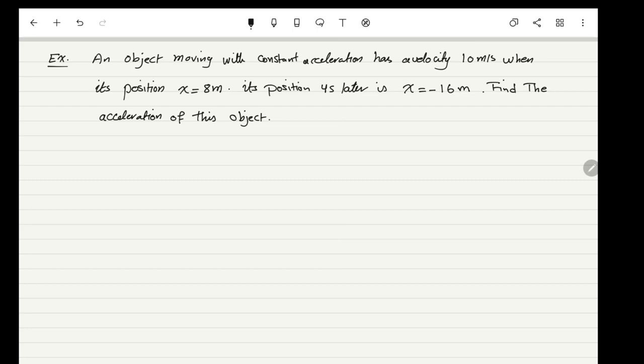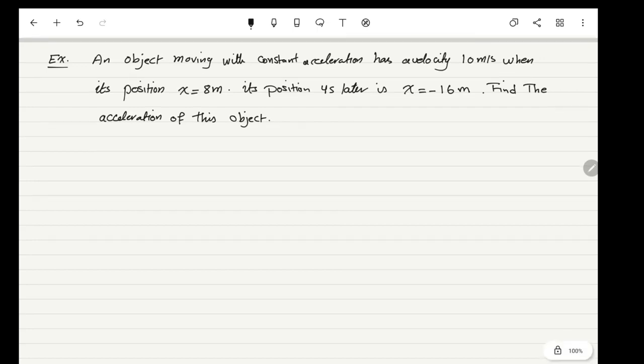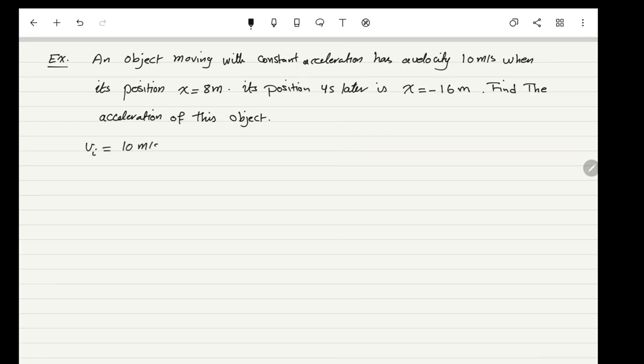Now let's set up the given information here. v initial equal to 10 meters per second. x initial equal to 8 meters. x final equal to minus 16 meters.